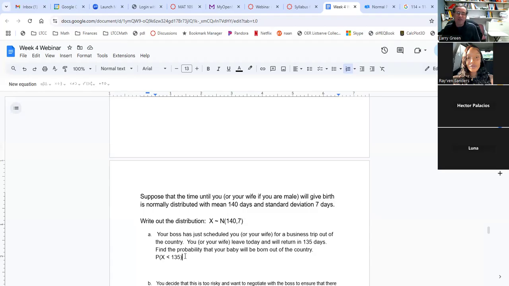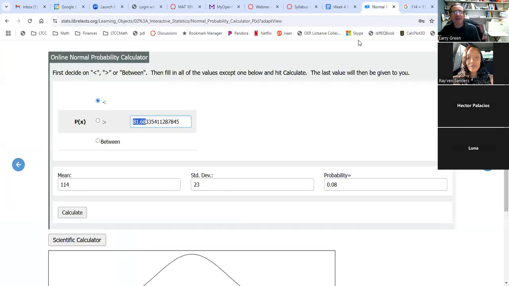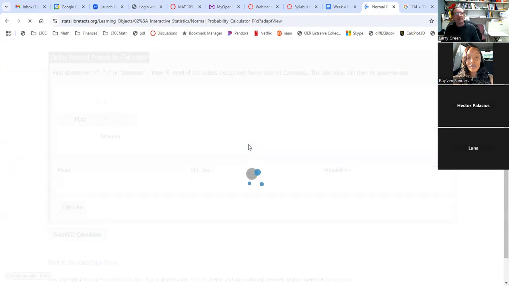Because if you're going to be out of the country for the next 135 days, and the baby's born less than 135 days from now, the baby is born out of the country. Is that clear? Okay, so now that we have that, we can go use the calculator. I'm going to hit refresh just to clear everything out.